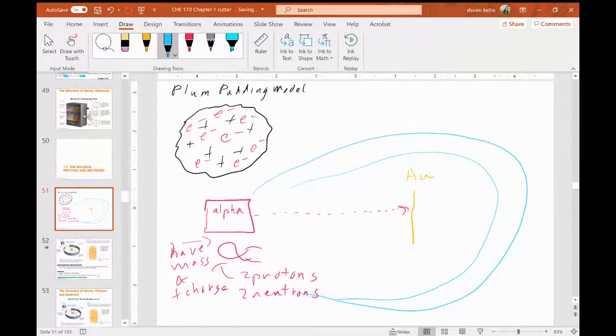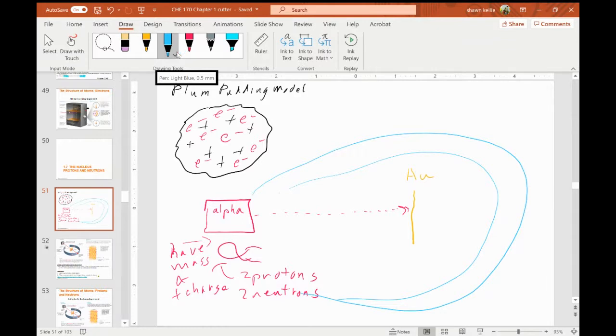Well, this plum pudding model was known to be correct by everybody. You've got a particle that's mass. You've got plum pudding, which is the model of the atom, which has also said that the atom's 100% mass. We've all thrown a tennis ball at the wall. What happens? Does that tennis ball go through the wall? No, not even if the Hulk throws it, right? It just bounces back, yes?